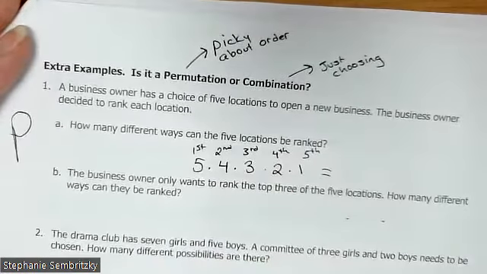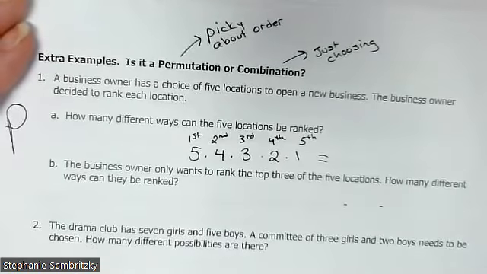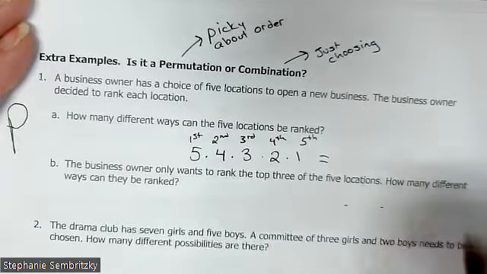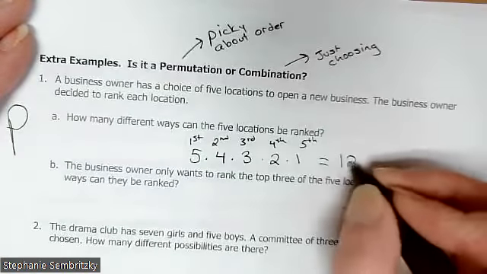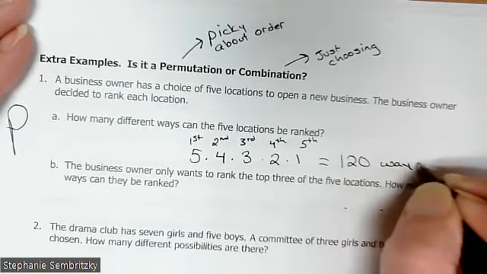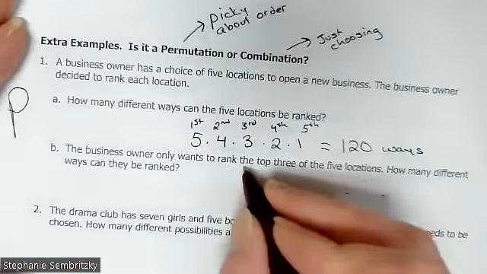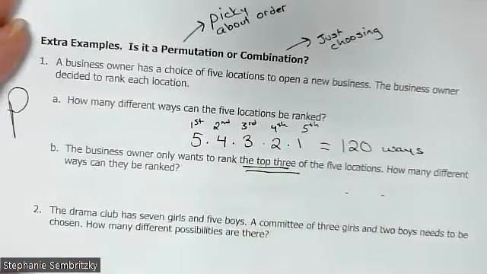On the permutations, I find it easier just to do it by hand. Just putting in 5 times 4 times 3 times 2 times 1 is not too hard. 120 ways. Now, what if he only wants to rank the top 3?